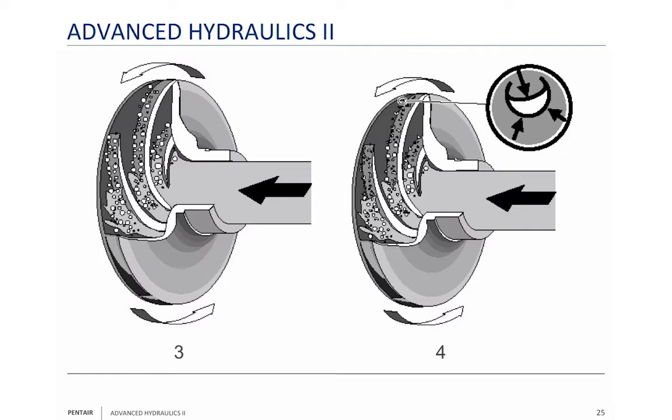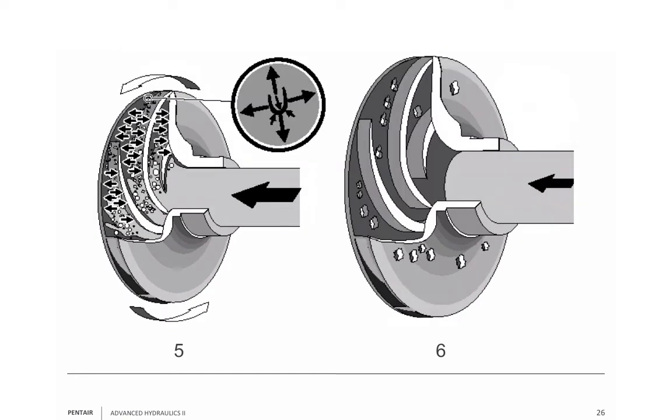Then they collapse, they send out a shock wave, and that shock wave takes care of destroying the impeller. And it doesn't matter what the material of construction is. Cast iron is the worst.